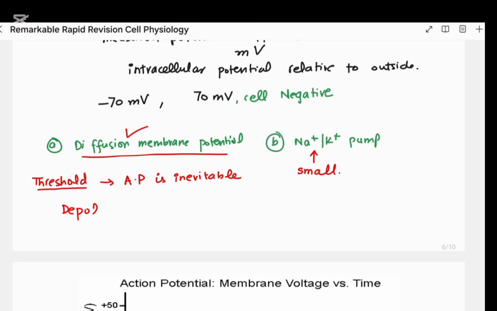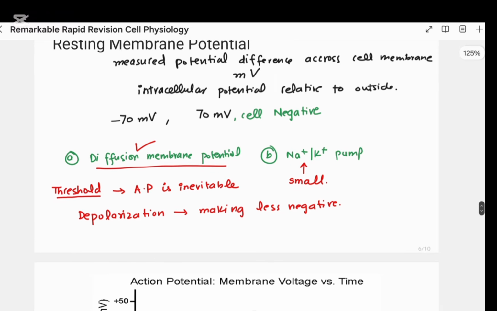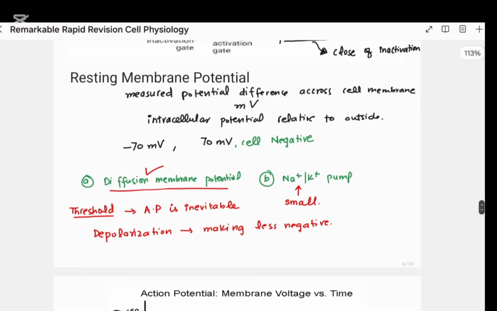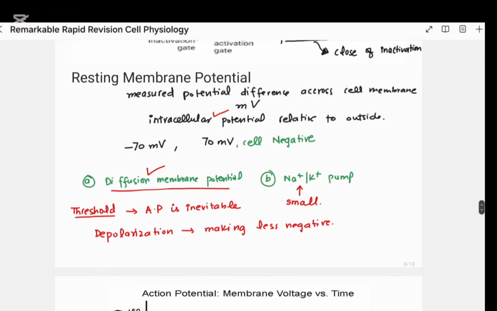One is depolarization. Depolarization simply means making the membrane potential less negative. As we have already understood, it is the intracellular potential relative to outside, so it has to make the intracellular less negative.